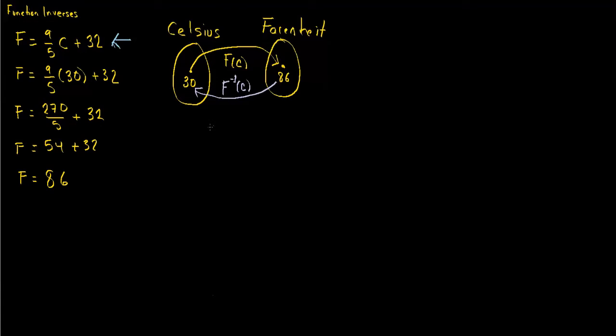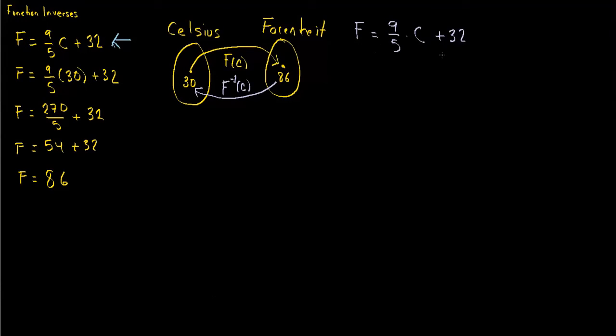Okay, now the question is, how do we find this correspondence, this F inverse of C? I'm going to do it for the function we started with, F of C. The solution to get this inverse is actually very simple. You start with the same one, 9/5 times C plus 32, and you have to solve this equation for C. You have to isolate the C, and that's what I'm going to do.